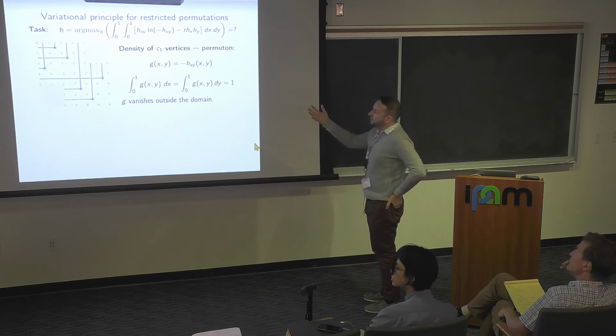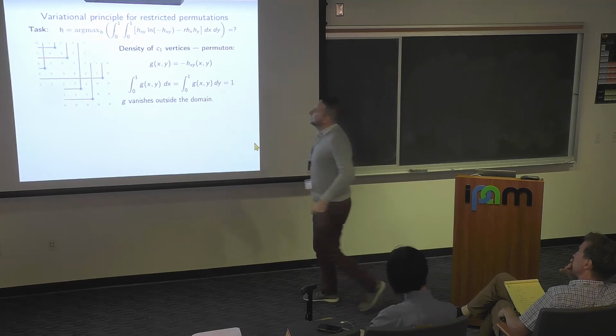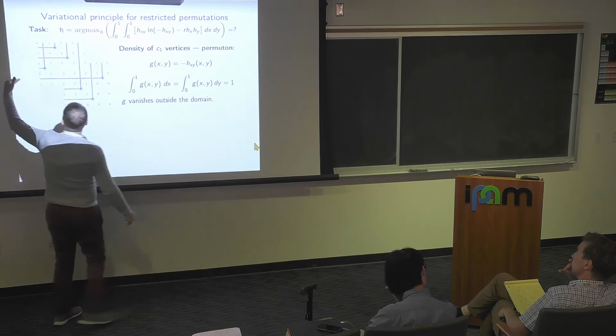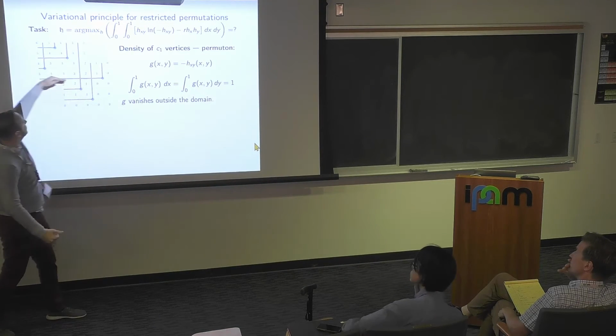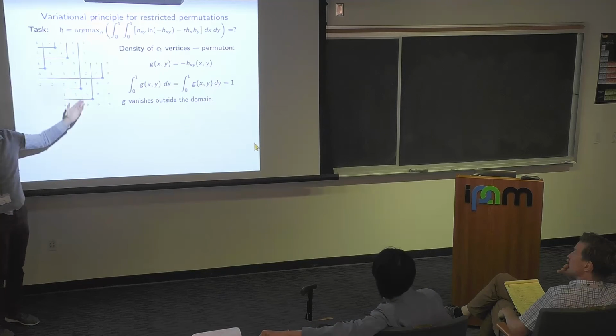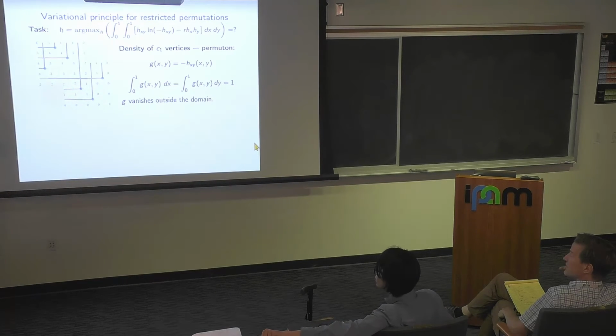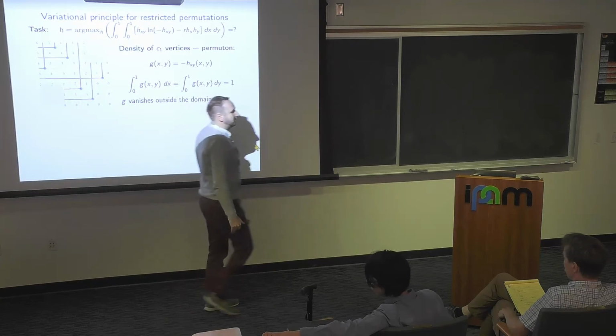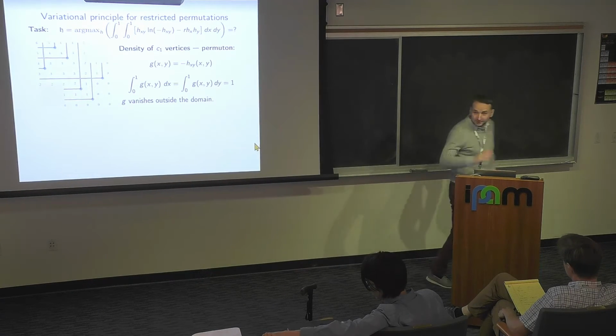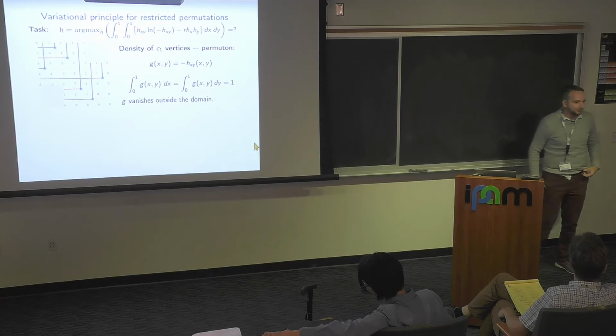And finally, this g should be what's called a permuton, namely the integral of this g along each horizontal section and along each vertical section should be equal to 1, which of course is just a manifestation of the previous thing that we had this permutation matrix which has exactly one non-zero element in each row and each column. So asymptotically, this turns into this limiting condition. Okay, so now that's the variational problem that you are solving.